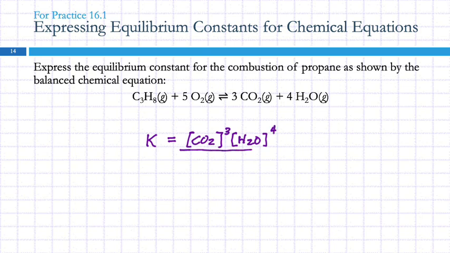And then we're dividing by the reactants. C3H8 has a coefficient of 1, and so the exponent is also 1. And then we have oxygen to the 5th power. Any questions?